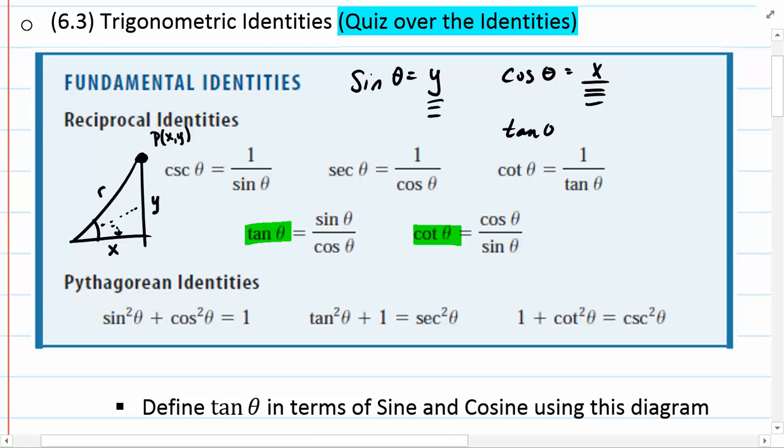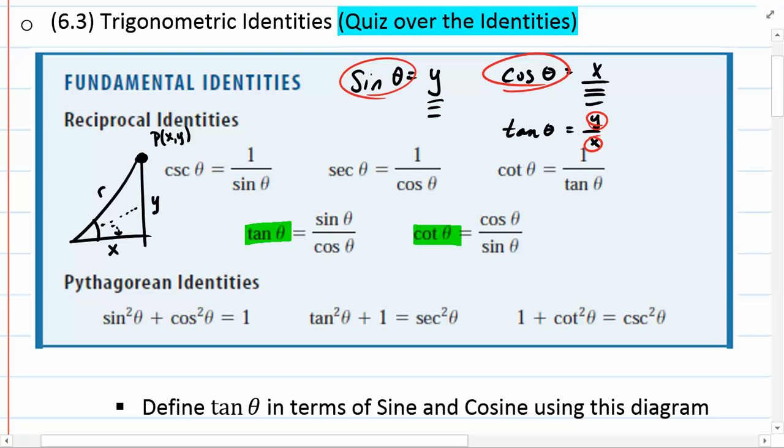Therefore, when tangent is described as our opposite side divided by adjacent side, we're used to calling it y divided by x. We could just as easily say that instead of y, we'll call this sine, and instead of x, we'll call that cosine.